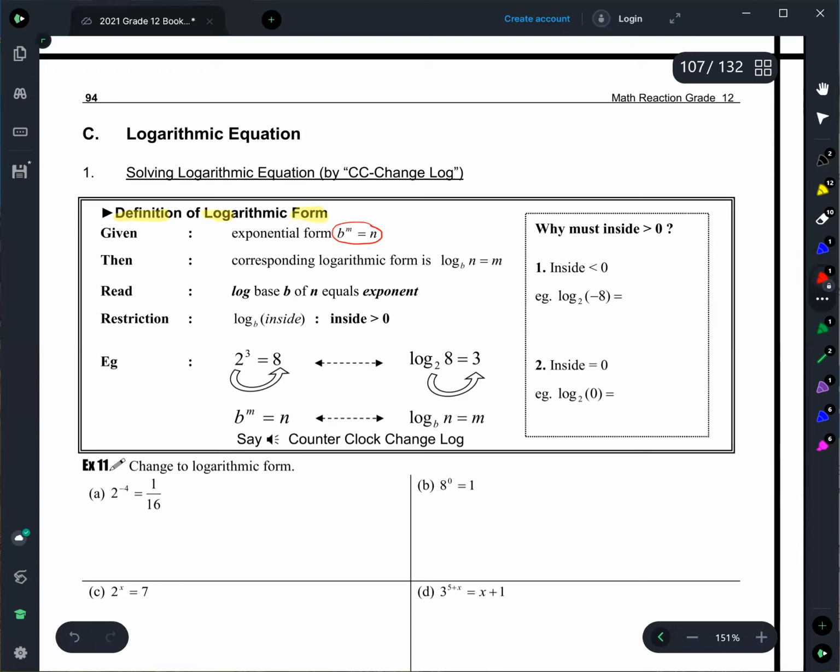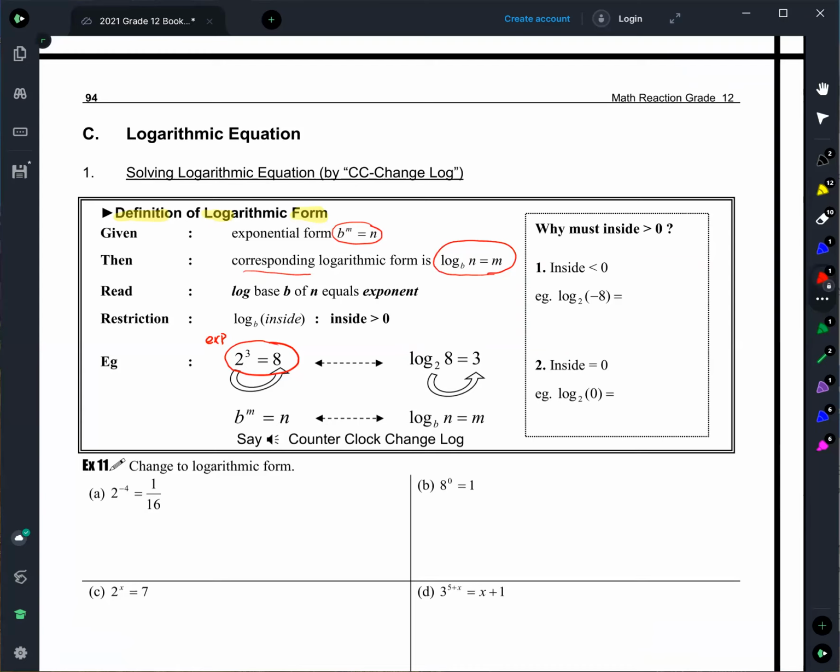For example, you have 2 to the 3 equal to 8. You see that one I circled in red. This is called exponential. Then we can change it to the corresponding log form. That means they are the same, just written differently.